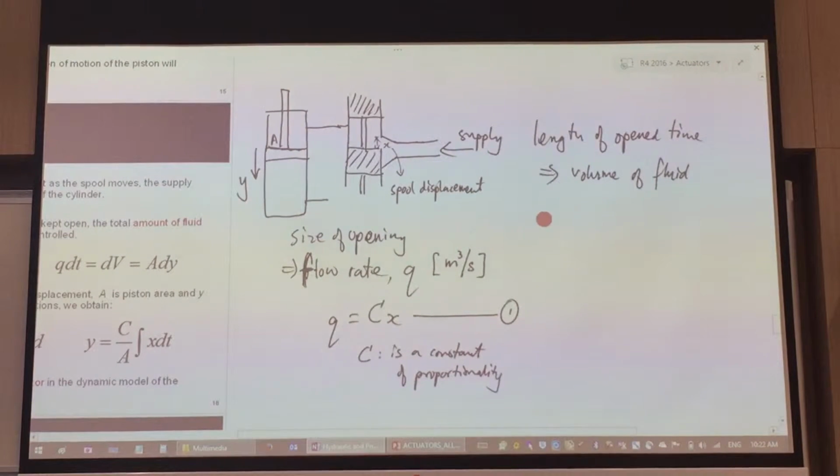So that one means q dt, because q dt will give us the volume. Flow rate multiplied by the time change will give us the volume.